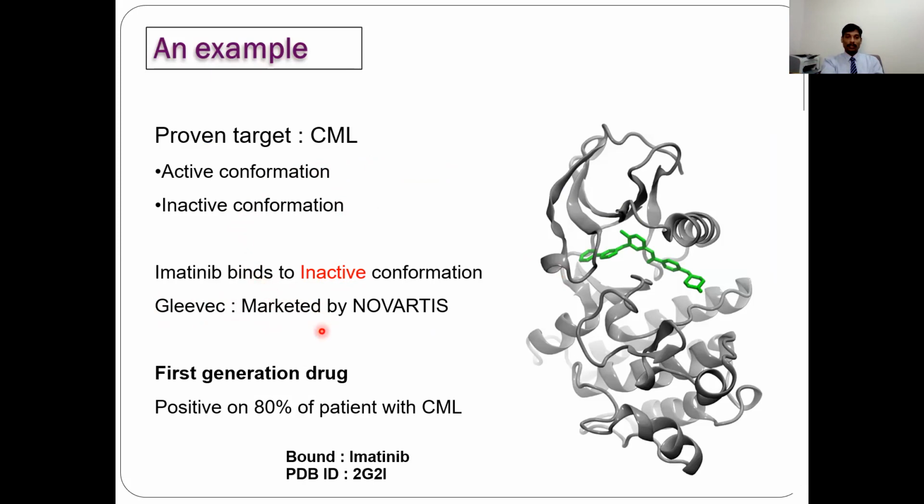This is the first generation drug to treat CML, giving a positive response in 80% of the patients suffering from CML. The drug is targeting the inactive conformation of this protein.